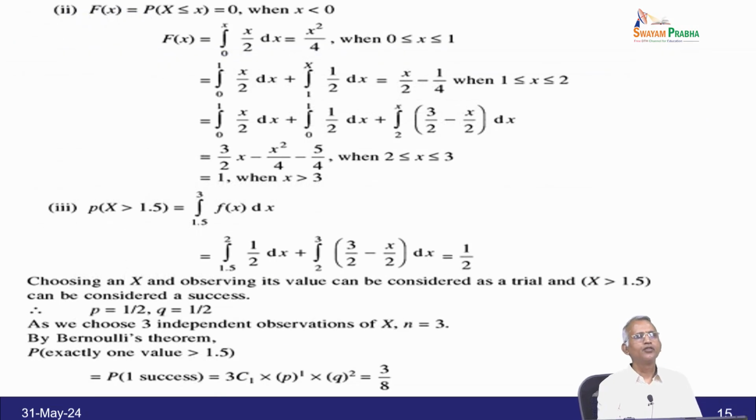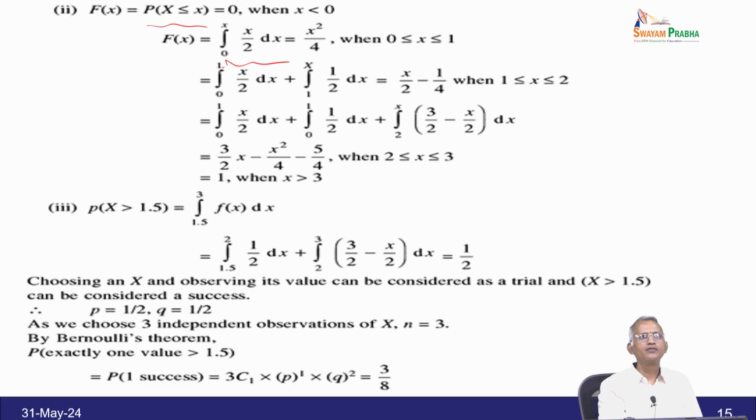Once you know the a value, we can directly write the CDF. Capital F of x equal to probability of X less than or equal to x is 0 when x is less than 0, and capital F of x is the integral of x by 2, which gives x square by 4 when x is between 0 and 1. Then the limit changes: the integral of x by 2 dx from 0 to 1 plus the integral of 1 by 2 dx from 1 to x.